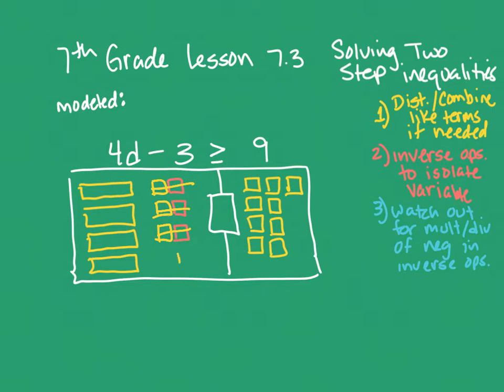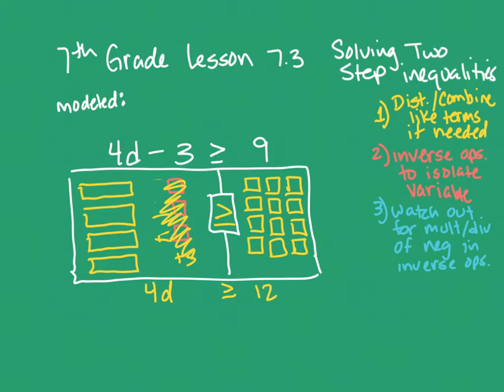If I added 3 to this side, I need to add 3 to this side as well of the inequality. So I did these 0 pairs. They're gone now. Okay, so now I'm looking at 4D's is greater than or equal to 1, 2, 3, 4, 5, 6, 7, 8, 9, 10, 11, 12, right?